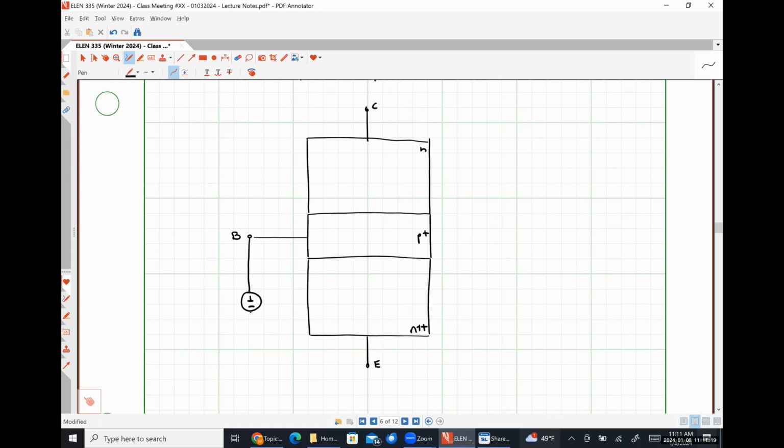This voltage source, VBE, must have a positive value for our base emitter junction to be forward biased. And this voltage here, VCB, must be less than 0 in order for this junction to also be forward biased.